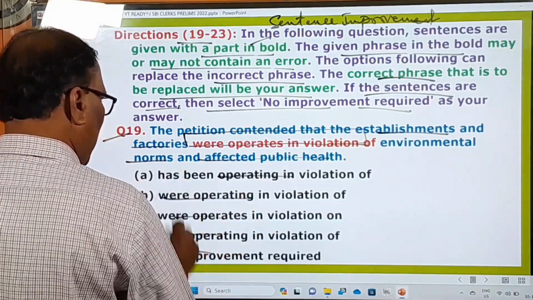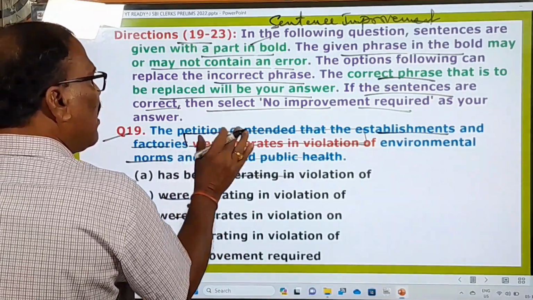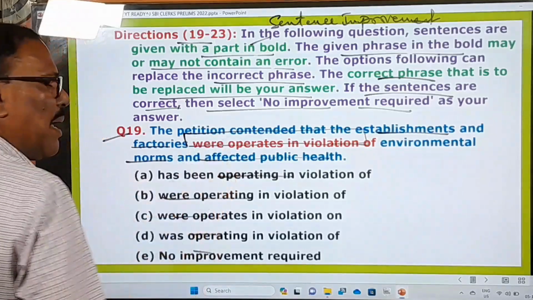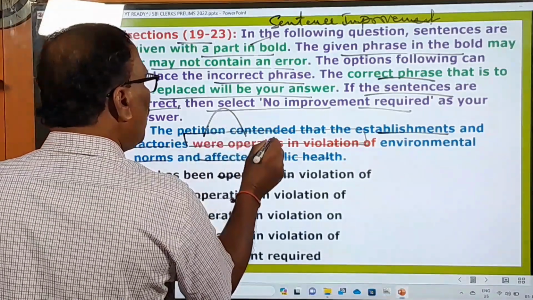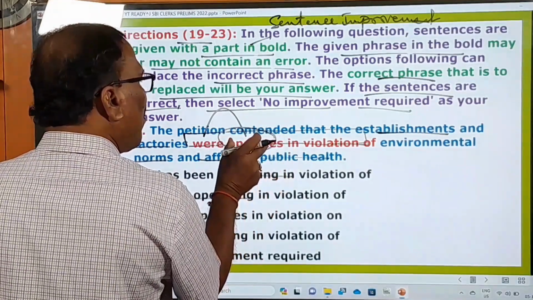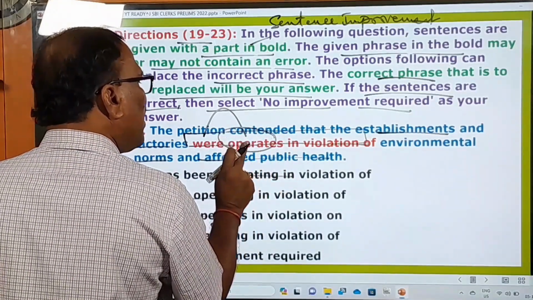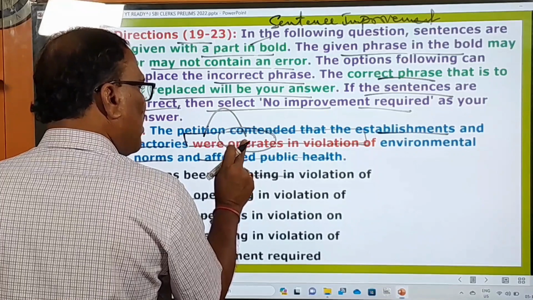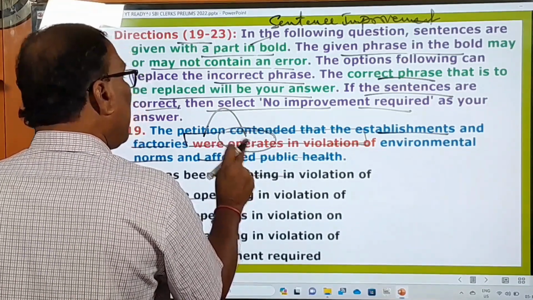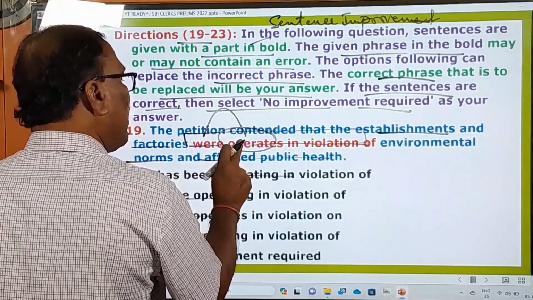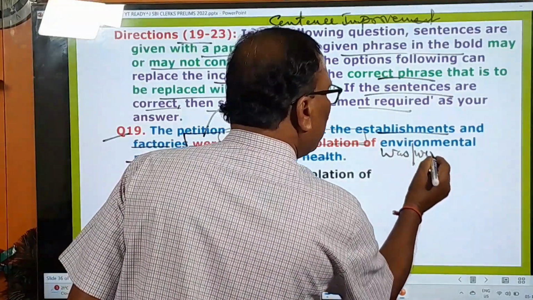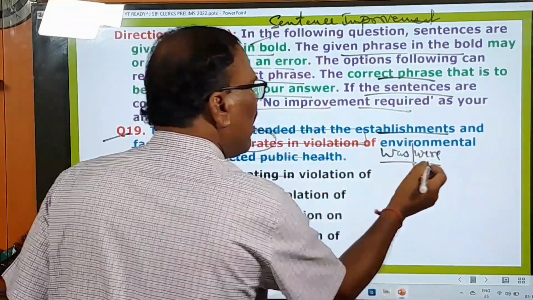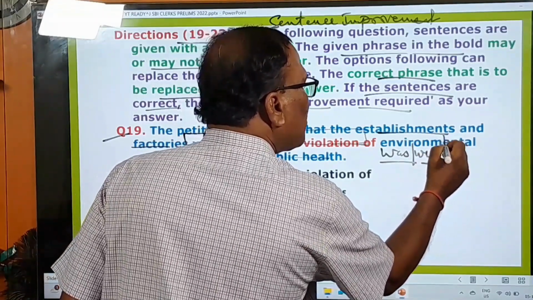These are the options. Remember, this part is grammatically incorrect. Why? Because after 'were', you should not use a base form verb. This is a singular base form verb used. After 'were', you should use only an ing form verb, because 'was' and 'were' are the helping verbs used in the past continuous tense.